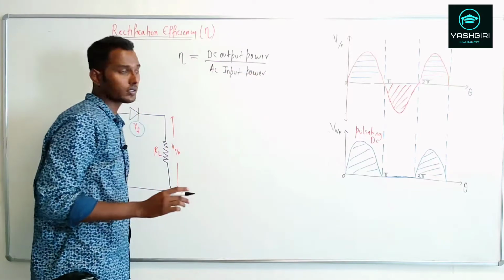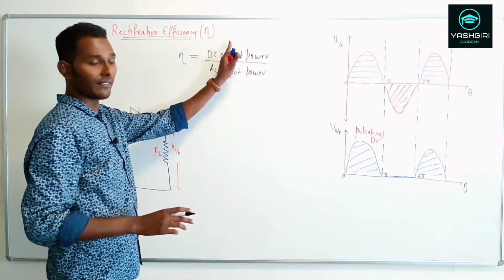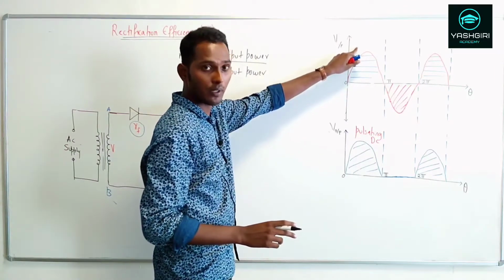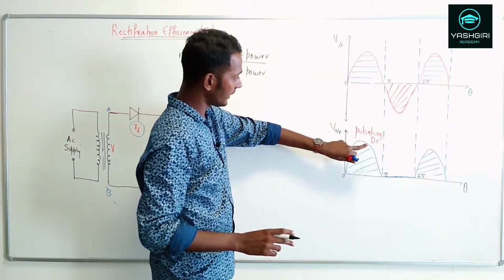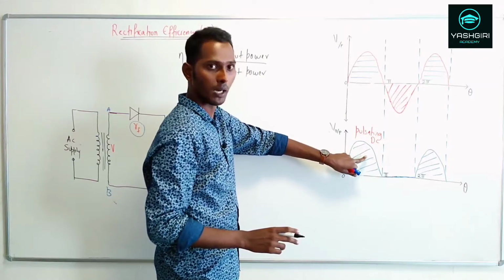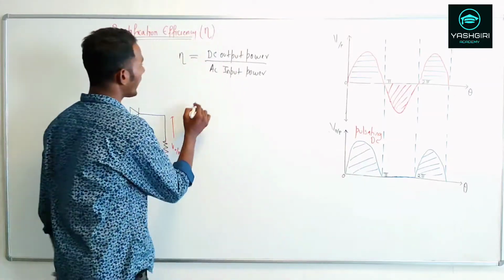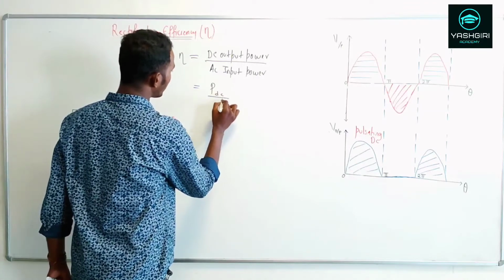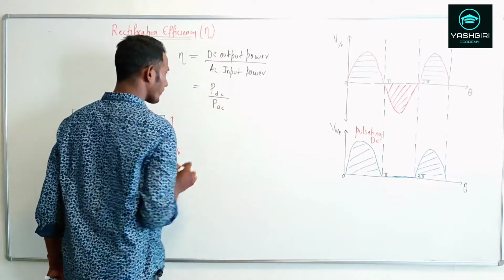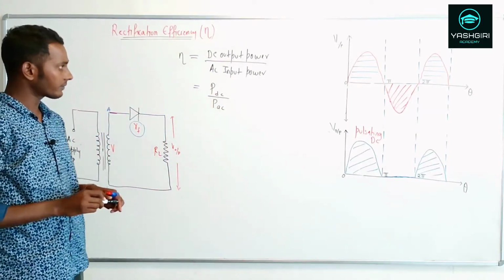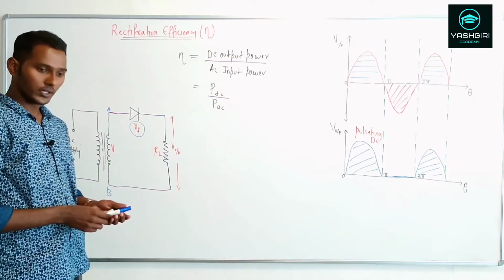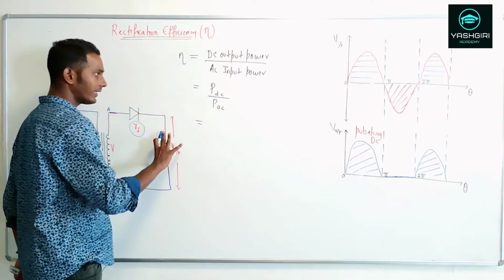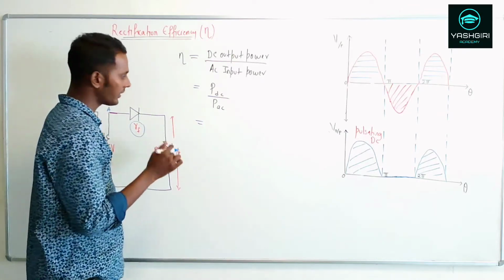In simple words, the rectification efficiency tells us how much of the total input AC power has been converted into useful DC output power. Okay, so I can rewrite this as power of the DC divided by power of the AC. Now power of the DC, I can write in terms of I square R, that's the formula. So the power available at the output is in terms of DC.